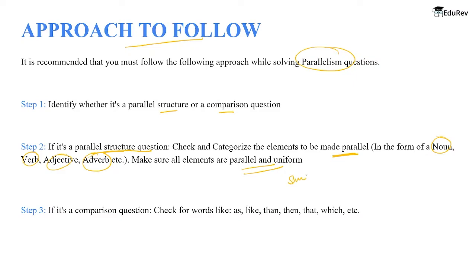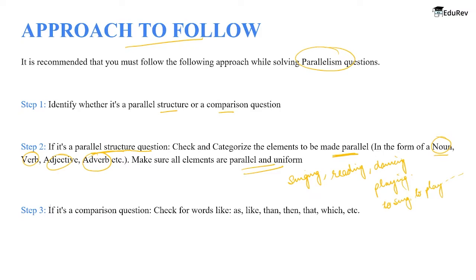Just like we did, it should be singing, reading, dancing, playing, or the other way around, to sing, to play, to read, and so on. So you have to see what elements are to be made parallel. They can be in the form of noun, verb, adjective or adverb.